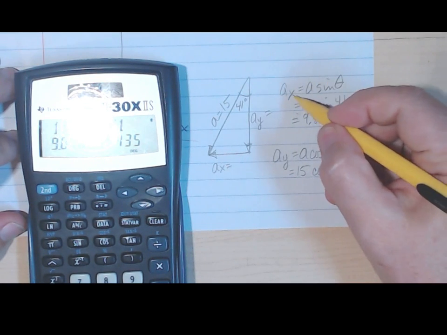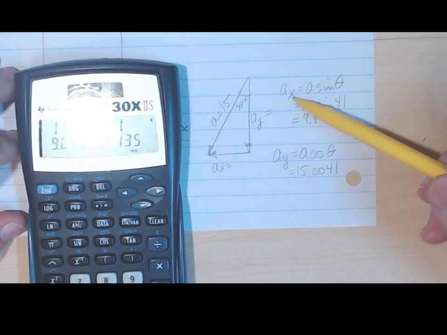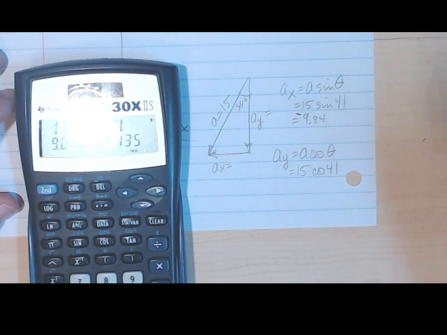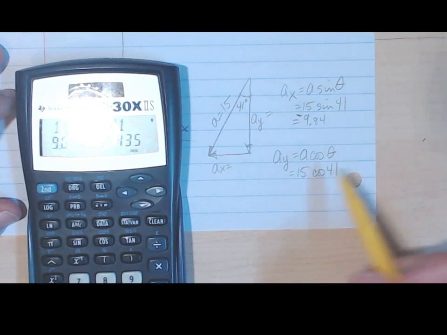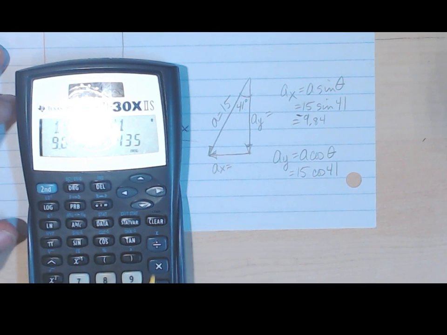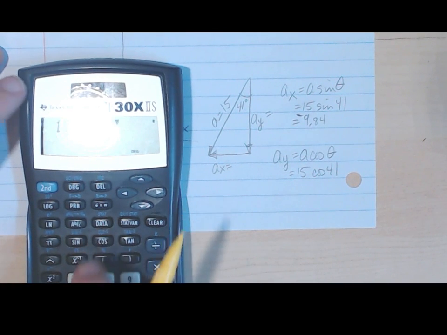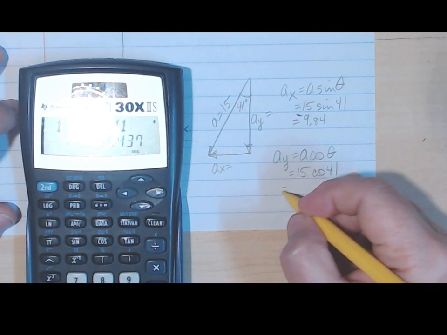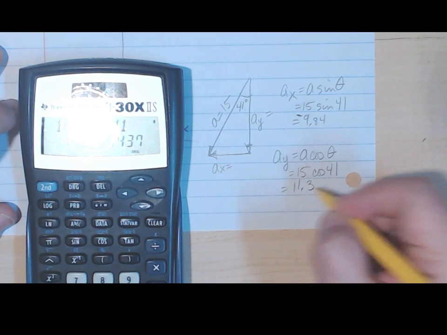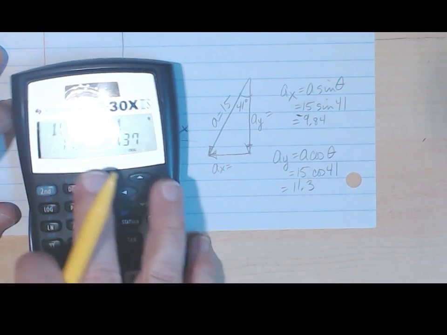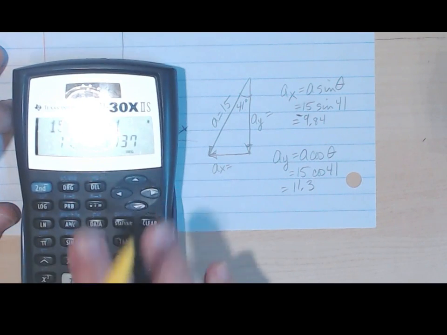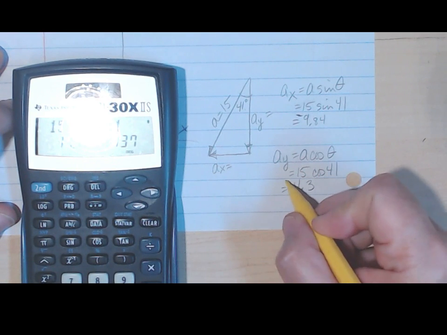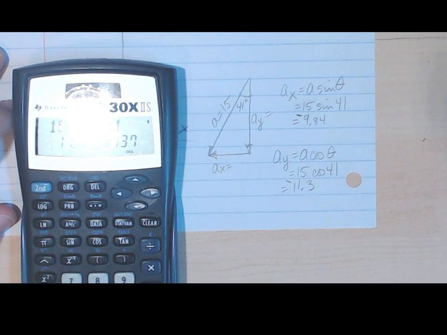Just checking to make sure you're paying attention. Ay, let's solve for Ay. 15 times cosine of 41 is 11.3. And it is pointed down, so it's going to be negative.